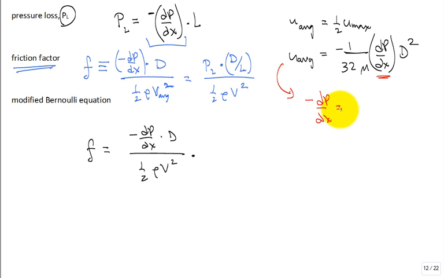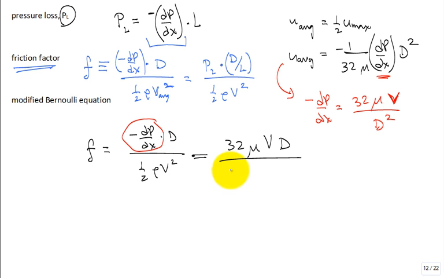Negative dP dx is equal to 32 mu V, let's change U average to V for speed, divided by d squared. Does that make sense? So we're going to substitute right there. So this is now equal to 32 viscosity, speed, diameter divided by 1/2 rho v squared.